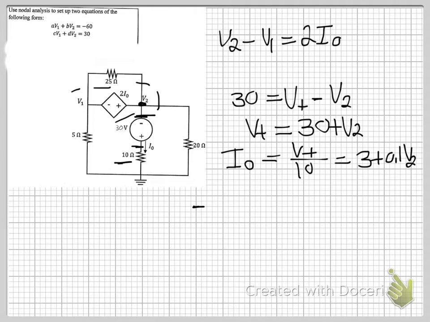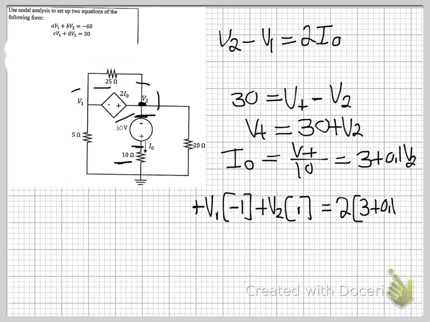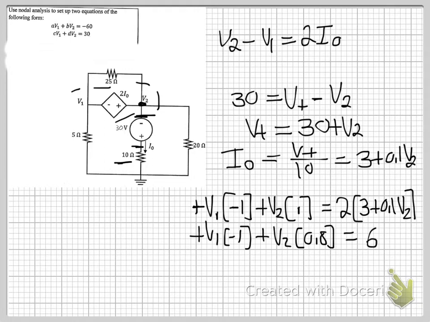So now you are able to substitute this into IO. So reconfiguring the equations, V1 has a coefficient of -1, and V2 has a coefficient of 1. This is equal to 2 multiplied by 3 plus 0.1 V2. So this leads us to having V2 with a coefficient of 0.8, and that is equal to 6.